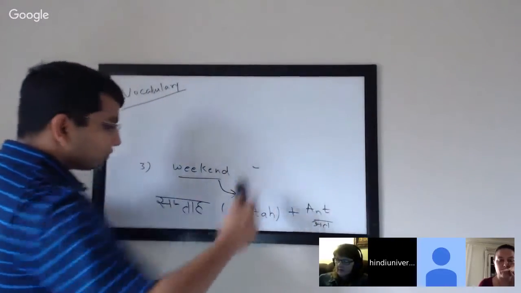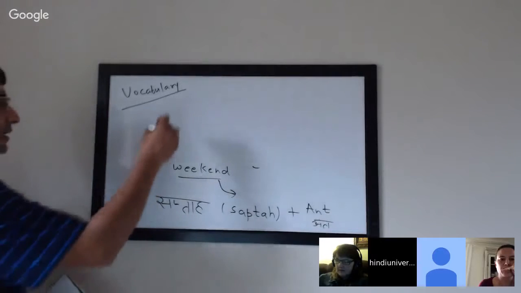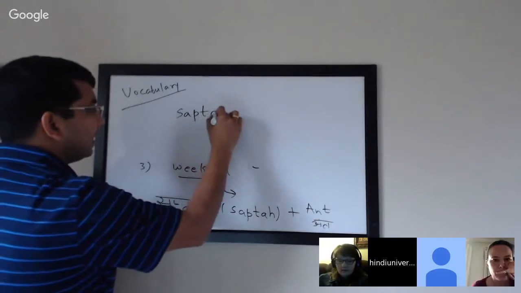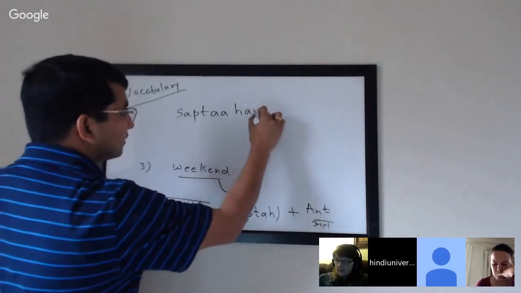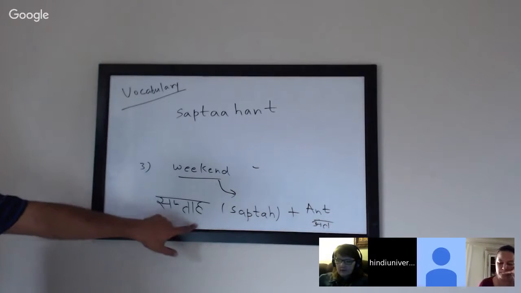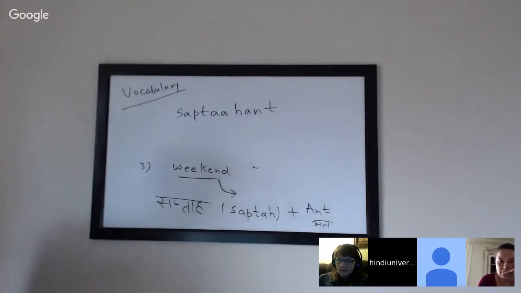When you're joining both of them, you will say saptahant. The her will become r.